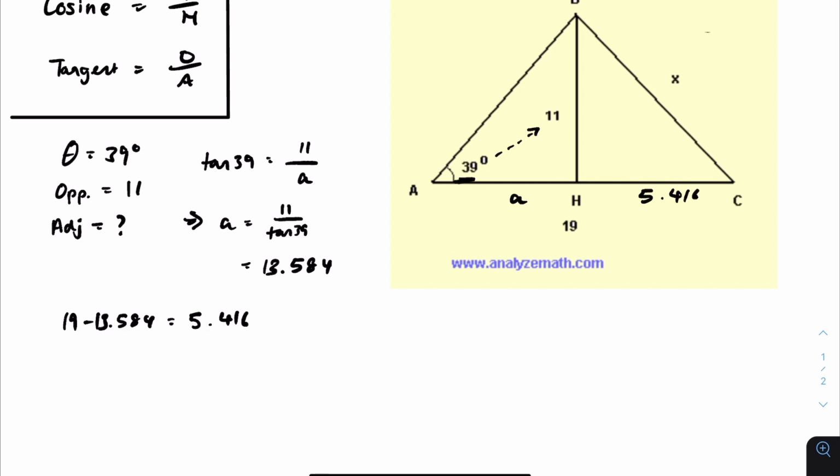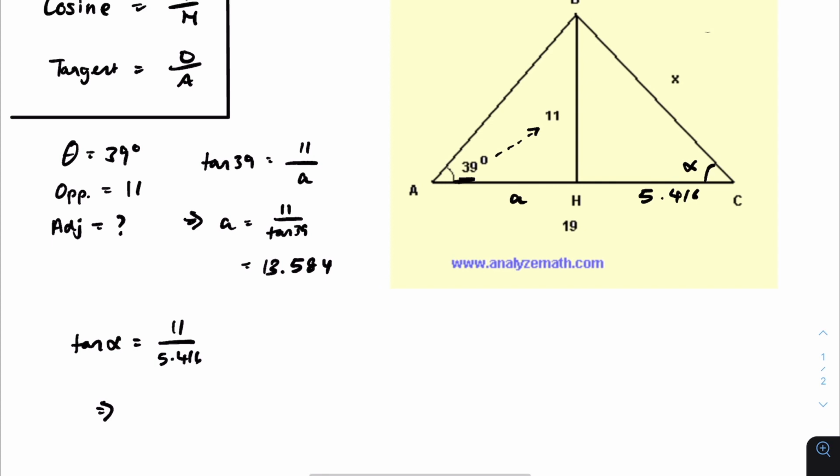But we're not done yet. We need to first figure out what x is. So to do that, let's find out what this angle over here is. We're going to name this alpha. And we know what BH is, which is the opposite of alpha, and we know what HC is, which is the adjacent to alpha. So using this, we can actually solve for alpha using tangent. So tan alpha is equal to the opposite over the adjacent, which is 11 over 5.416.